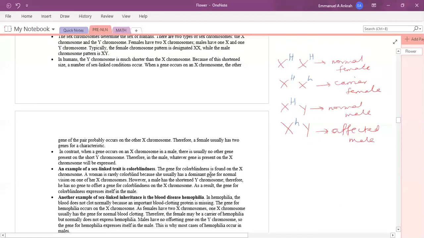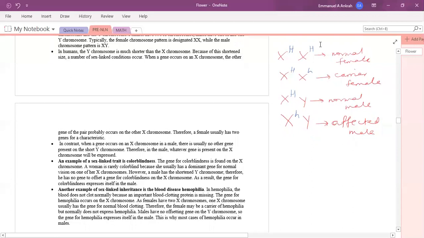Okay. So those are sex-linked inheritance. You can have a question where they ask you something like, a normal female marries an affected male, or marries a hemophiliac male.